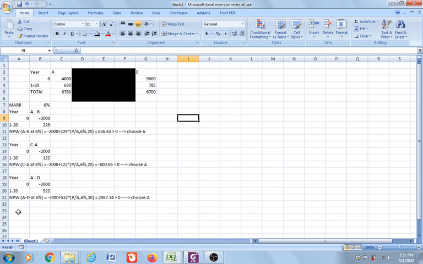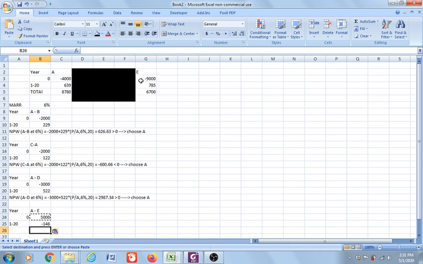Now the last one, we need to compare A and E. So A having a higher total, so it is A minus E, at 0, and then 1 until 20, that will be minus 4000 minus 9000, that's a positive 5000.